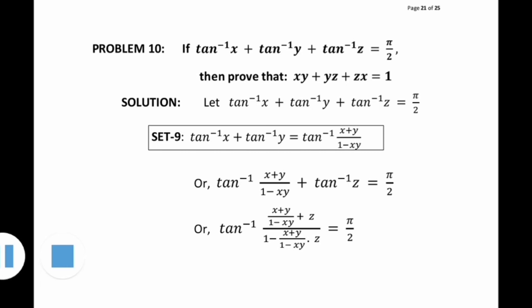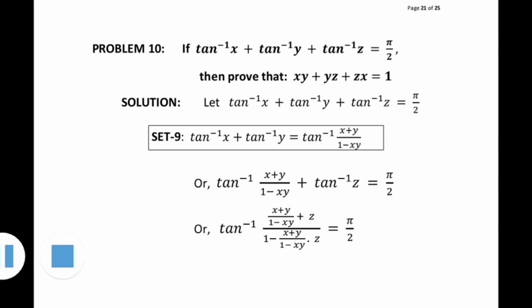Again we apply the same formula here, and here in the screen the last step, that is tan inverse x plus y divided by 1 minus xy plus z whole divided by 1 minus x plus y divided by 1 minus xy into z, that equals to pi by 2.